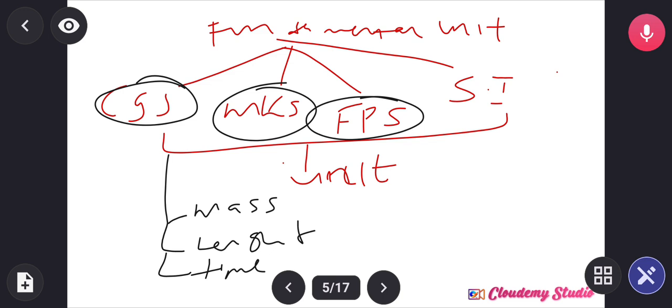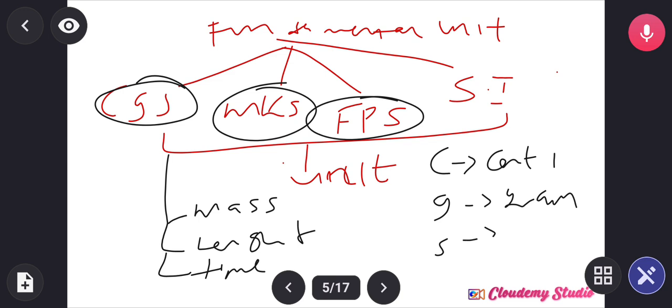So for CGS, that is centimeter, gram, and seconds. Centimeter for what? For length, gram for mass, and seconds for time, right? So that is what we have.